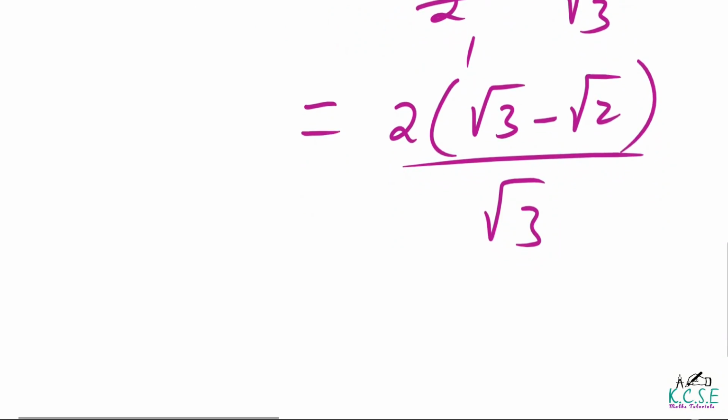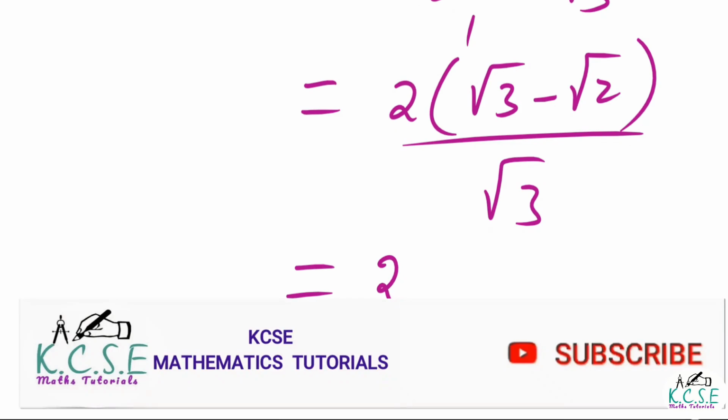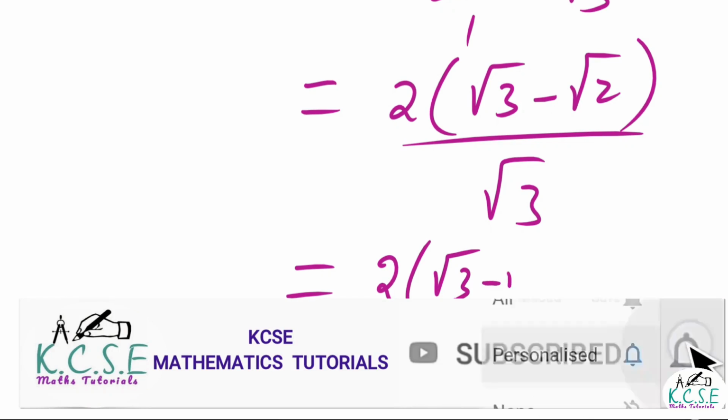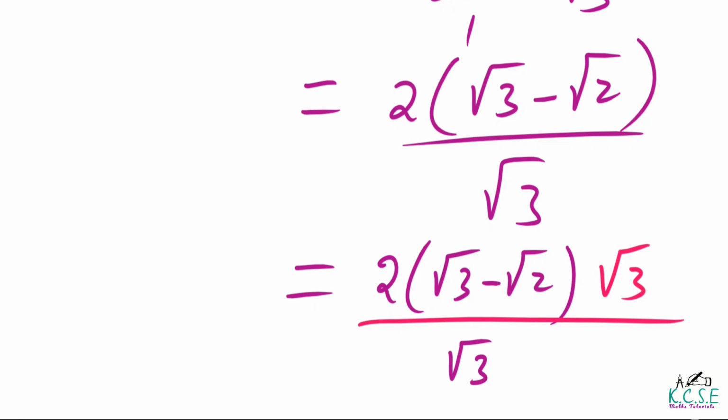So we can go ahead and rationalize the denominator by multiplying both the numerator and the denominator by root 3.